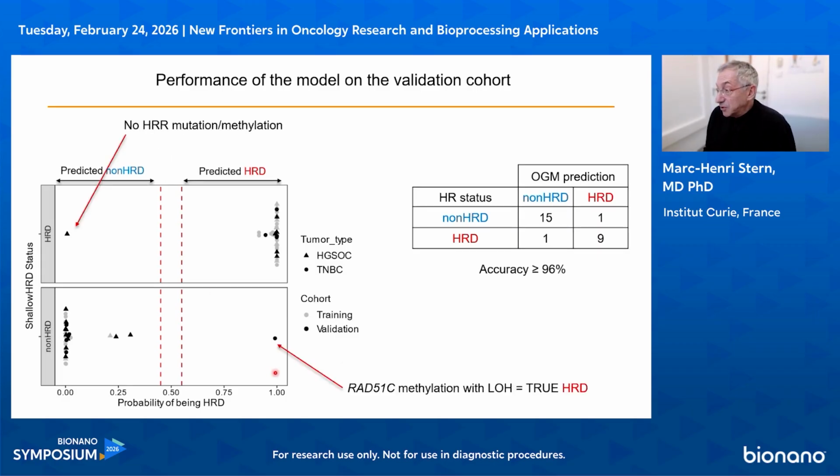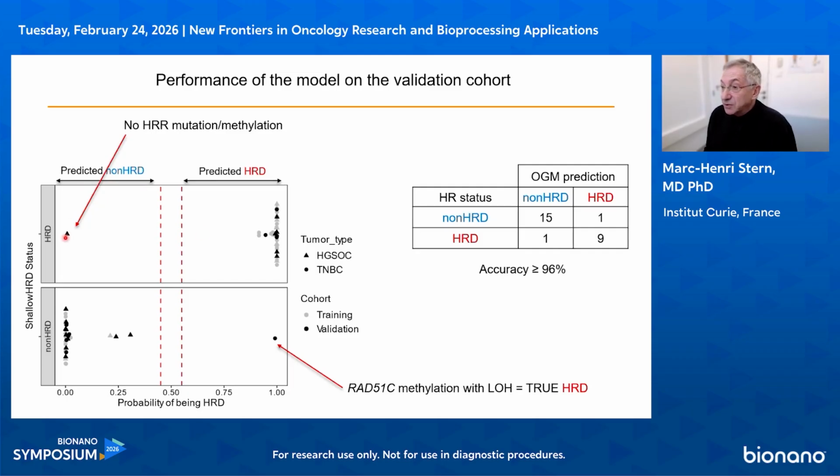So we further explored those 2 samples. The first case was predicted to be HRD by OGM and non-HRD by the standard method, and we characterized this case more deeply and found a methylation of the promoter of RAD51 together with the loss of the wild-type allele, a standard mechanism of HRD. Indeed, this case was a true HRD case, misclassified by the standard method and correctly classified by the OGM method.